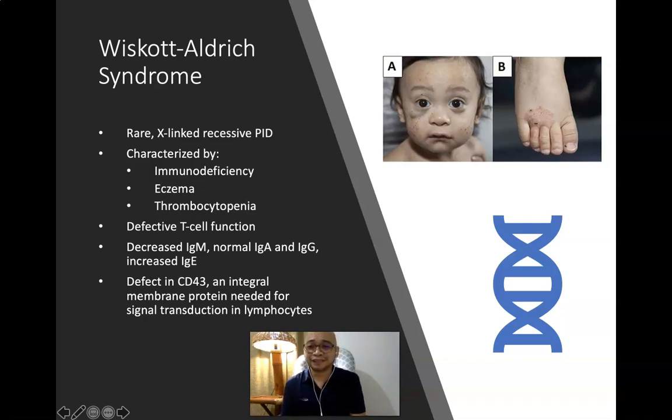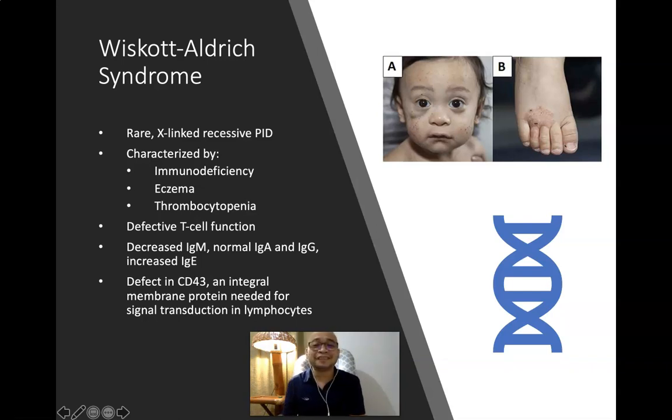It is a defective T cell function, and there is a decrease in IgM, normal IgA and IgG, but an increase in IgE. An increase in IgE perhaps explains why there is eczema or a form of hypersensitivity reaction.